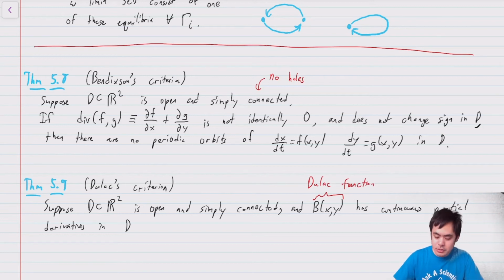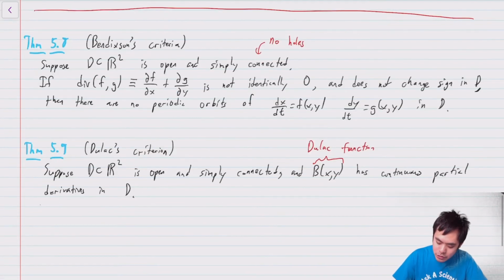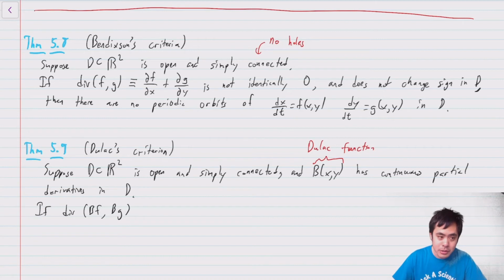If this has continuous partial derivatives, then we can apply the same divergence rule: the divergence of bf and bg, which is equal to the partial derivative of bf with respect to x plus the partial derivative of bg with respect to y.